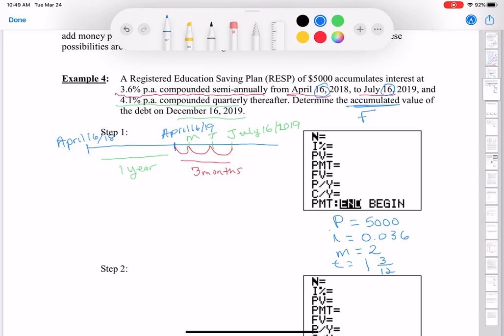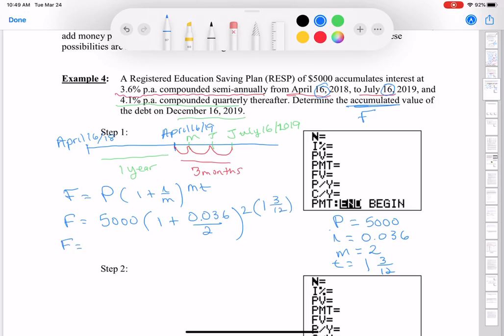All right, so we can use our compound interest formula, which is F equals P(1 plus i over m) to the mt, and we can solve for the future value by substituting in our values. m is 2, and our time is 1 3/12.